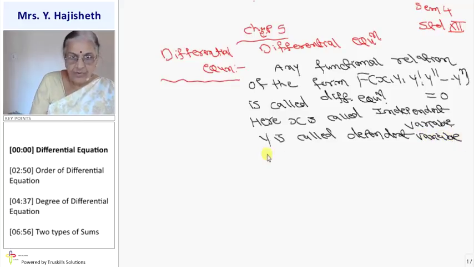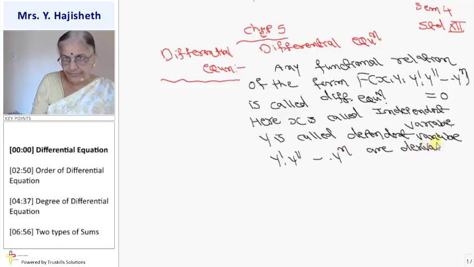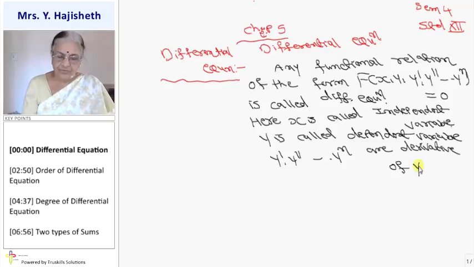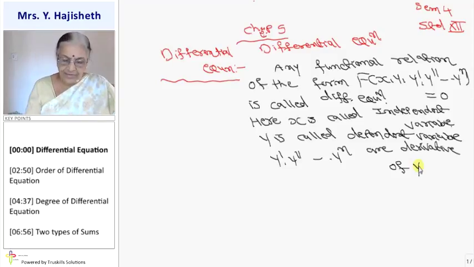And y', y'' up to y^n are derivatives of y with respect to x: first order derivative, second, third and nth.